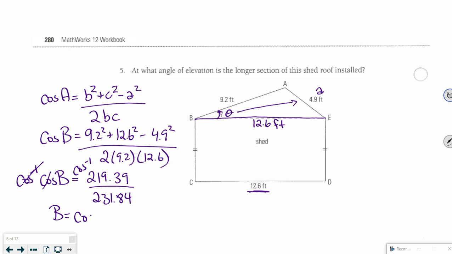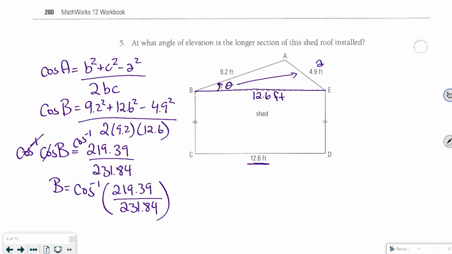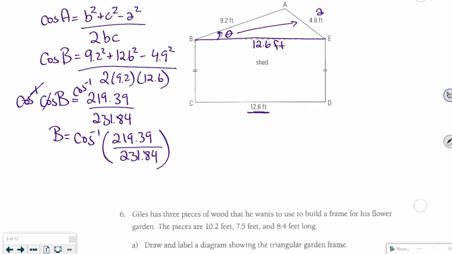So B equals inverse cos of 219.39 divided by 231.84. And our angle B is going to equal approximately 19 degrees. So the angle of elevation of the roof is approximately 19 degrees.